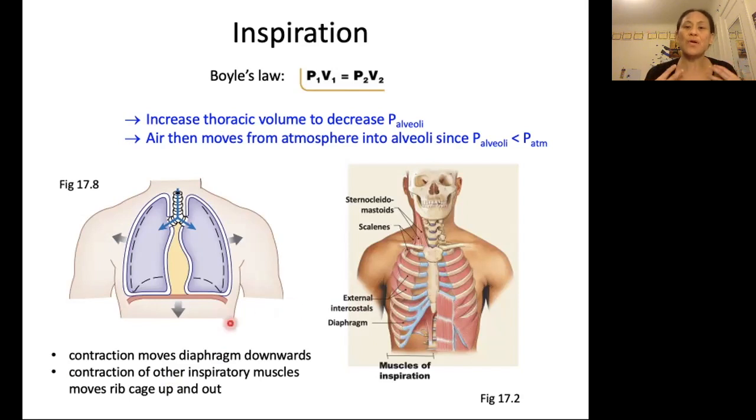Their action is to lift the rib cage up and kind of out, like pivot the bottom forward like this. You can try this yourself, breathe in and feel what your ribs are doing. So that's how we breathe in.